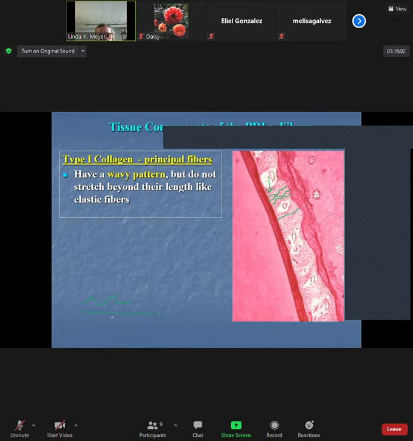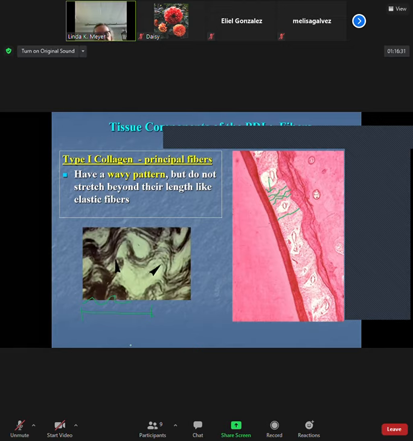It won't stretch beyond this. So because of this, we can say that a tooth in its bony socket has a little bit of quote unquote mobility, because these fibers aren't taut out to their whole length when forces aren't acting on them initially.